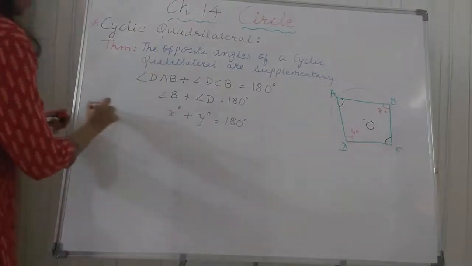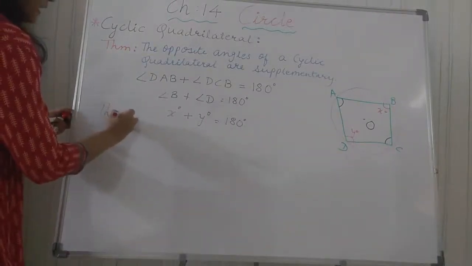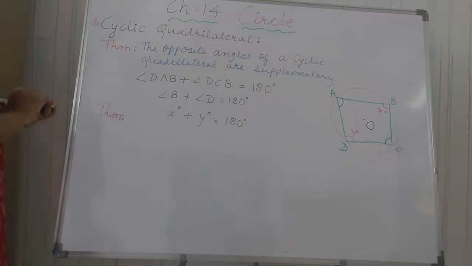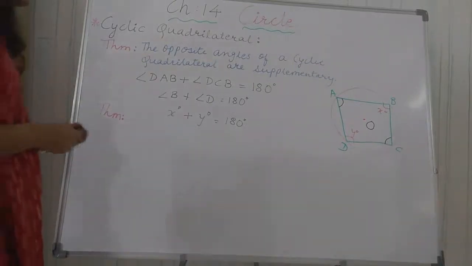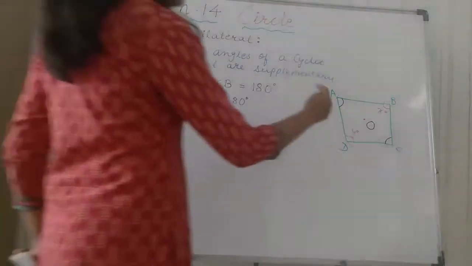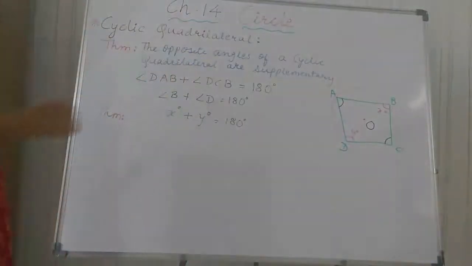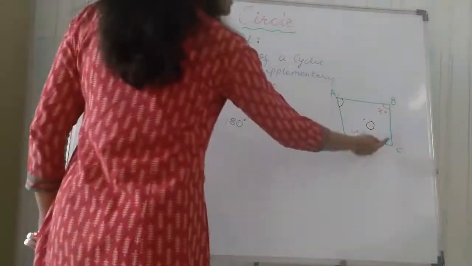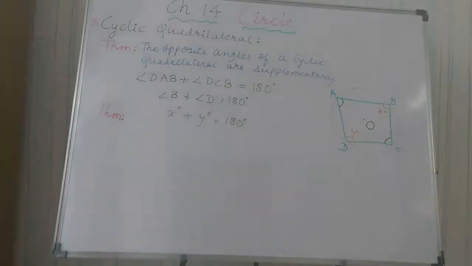Now one more theorem students, here I am explaining you: when one side of the cyclic quadrilateral is extended, the exterior angle so formed is always equal to its opposite interior angle. So let us understand it by figure.